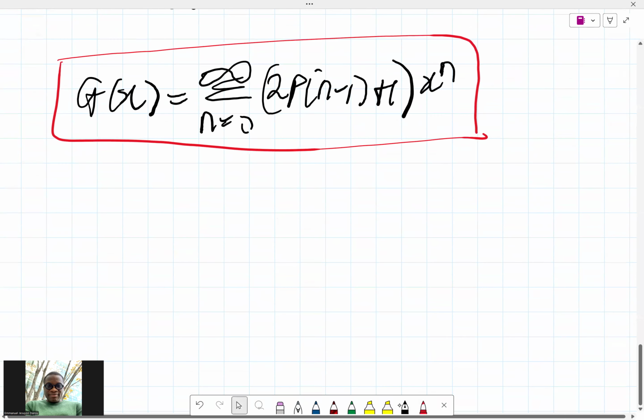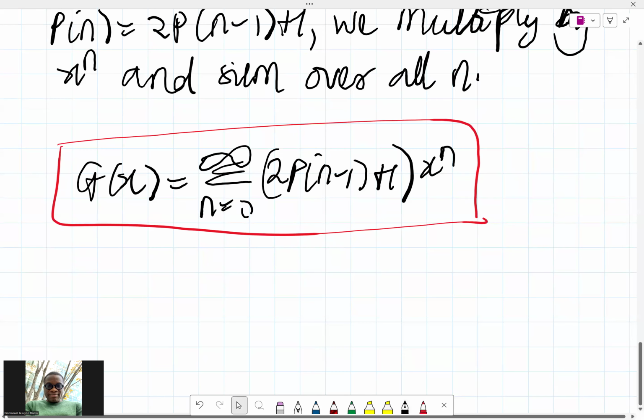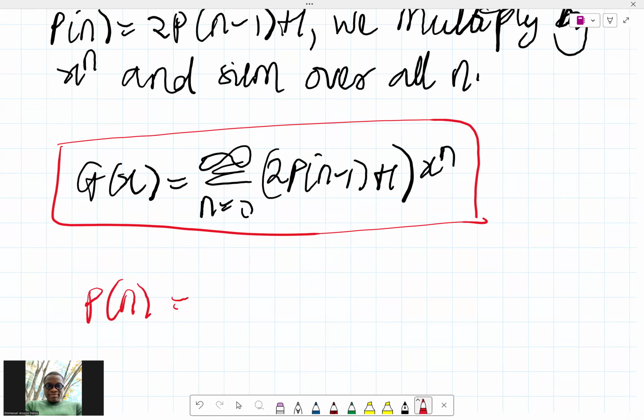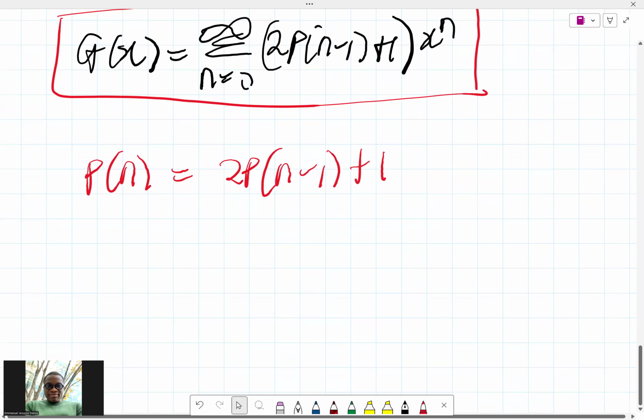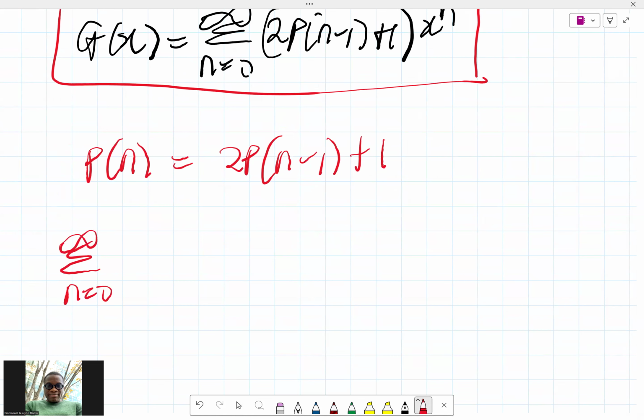But before we get there, let's tackle these things one after the other. We can have it this way generally, and then we can also write this out. We have P(n) equals 2P(n-1) + 1. So we can now go term by term. We have a summation from n equals 0 to infinity of P(n) x raised to power n.